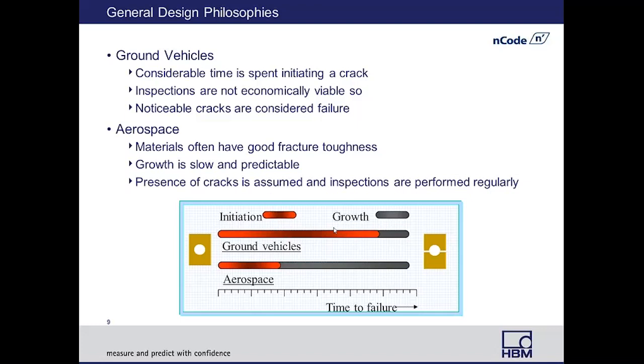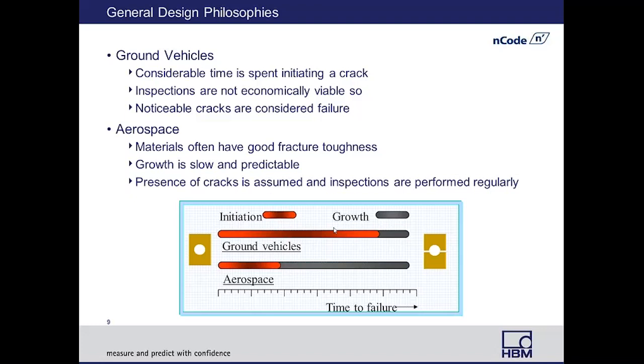On the other side, we have aerospace, and this is an industry that does, in some cases, design for crack growth. So what they will do in these cases is use materials that have good fracture toughness. That's going to help them develop a structure that has predictable crack growth. They are going to design these components so that the growth rate is slow and predictable. That's going to allow technicians to catch a crack before it reaches a critical size.